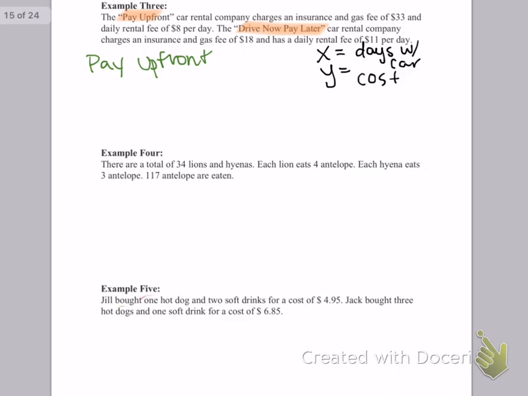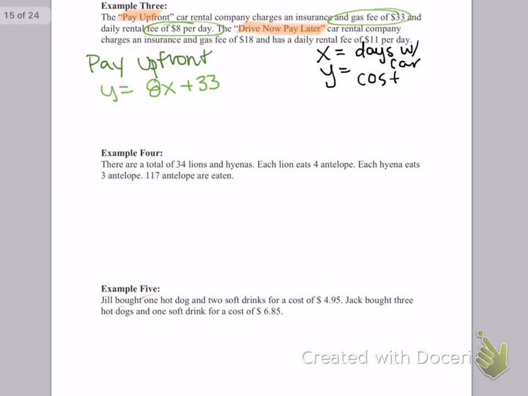So with Pay Up Front, you've got a gas fee of $33 and a daily rental fee of $8 per day. That per day is a huge, huge flag saying that's what's going to pair with your X. So we'll have Y equals your $8 per day, X being the amount of days that we don't know, and then you have an extra fee on top of that of $33.